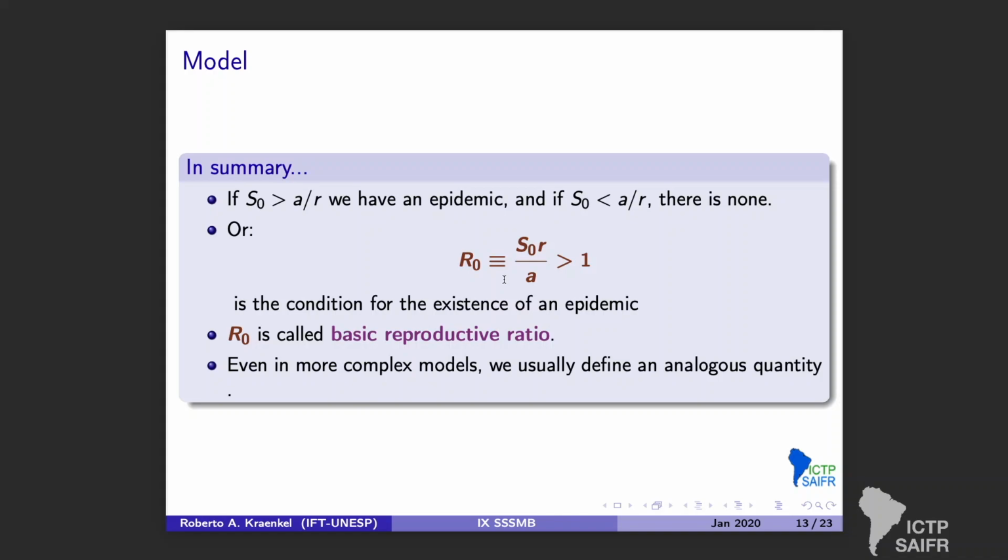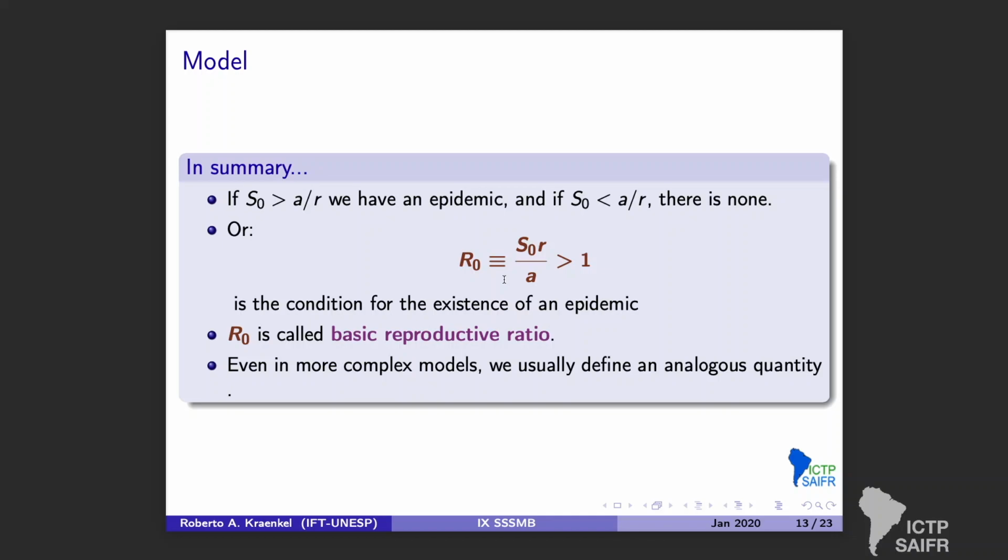And this is what we call the basic reproductive number of an epidemic. Sometimes I wrote ratio here, it can also be ratio, but more commonly a number. So this is derived in this context as the condition that arrives mathematically for the increase of the number of infected in a population.